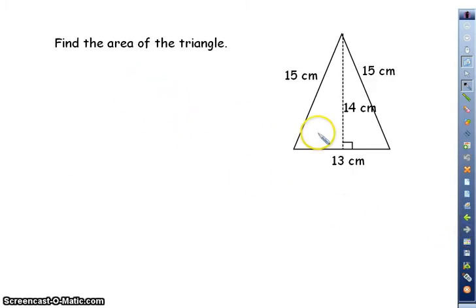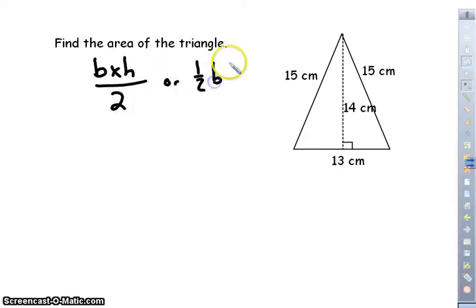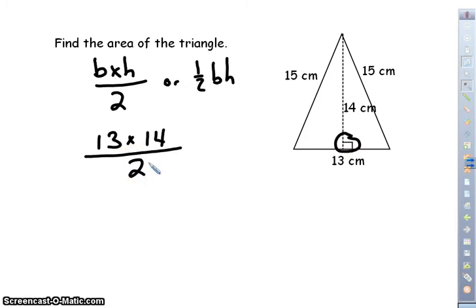Area of a triangle, again, base times height over 2, or you can say 1/2 the base times the height. We're going to find the base, which is down here with my right angle sign. So my base is 13 times my height, which is 14, over 2. This is the one formula that I prefer, using base times height divided by 2 rather than 1/2 the base times height.